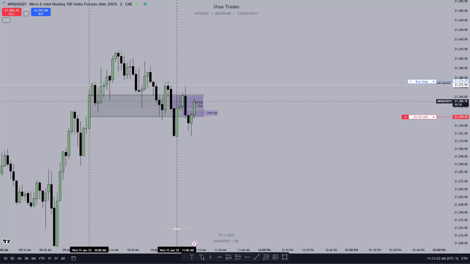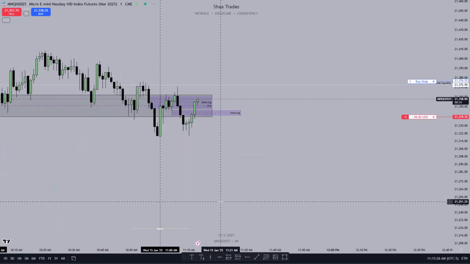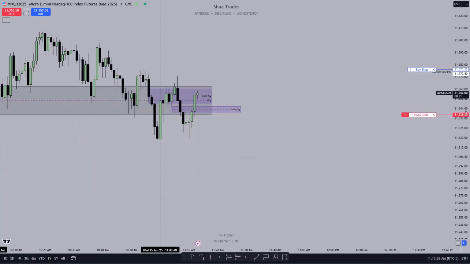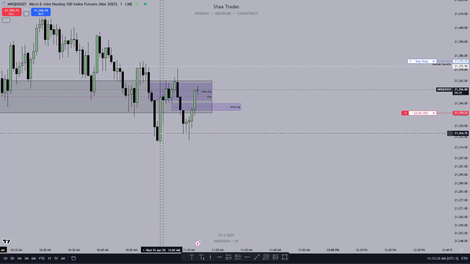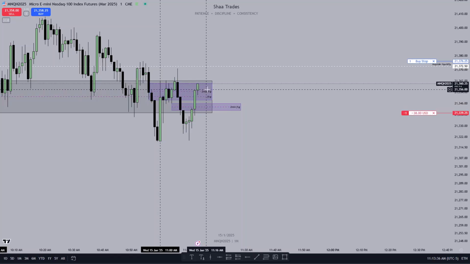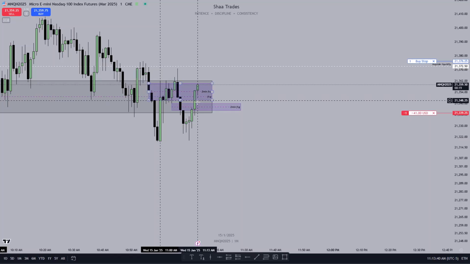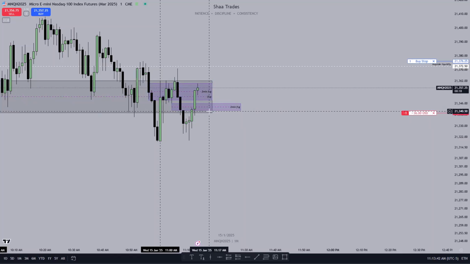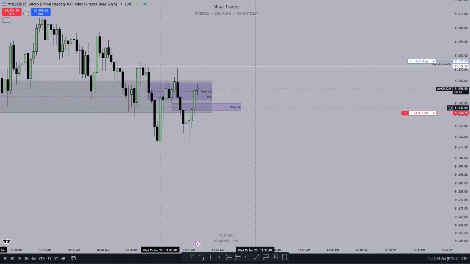But usually when it does that, let me jump on the 1 minute to see what it's doing. All right, so let's see here. Price closing. Okay, I'm going to get out of this trade because price is creating another inversion here. Just reading here.